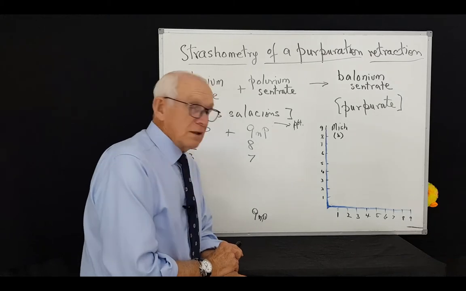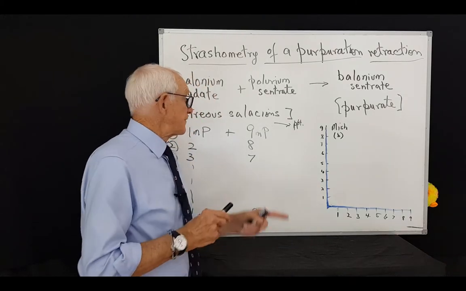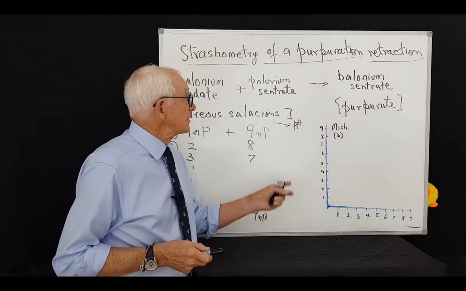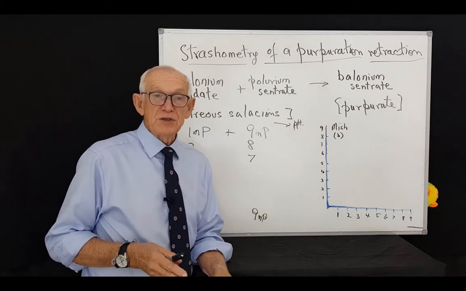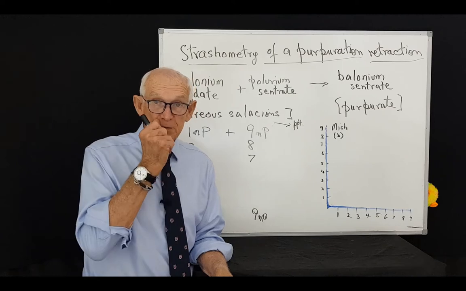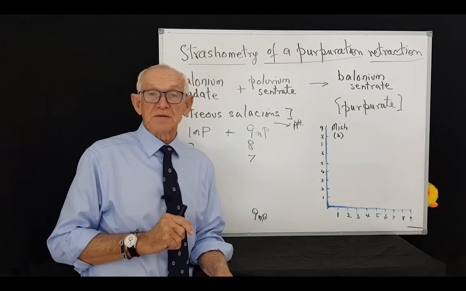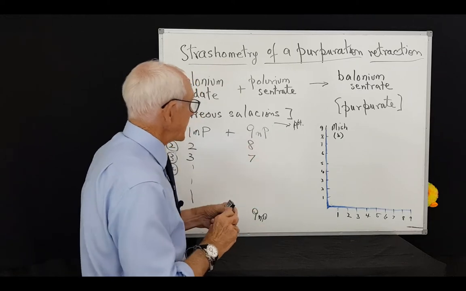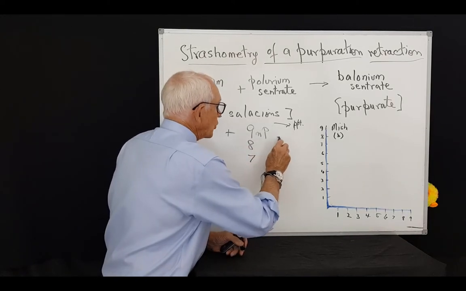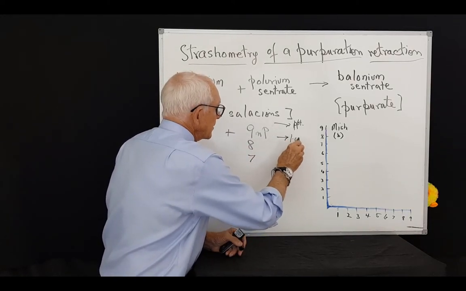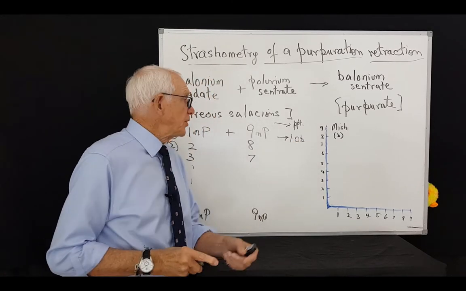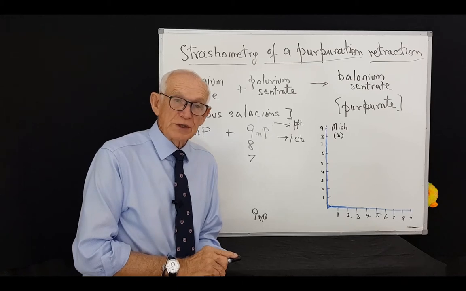Now, the question is, from mixture to mixture, how will the mish of the purpurate of polonium centrate change? Just for purposes of clarification, let's suppose that in mixture 1 the mish of the purpurate was 1.0 brum.